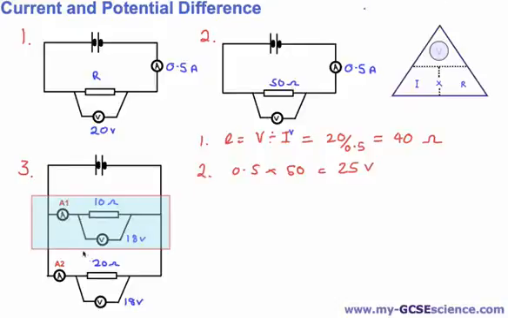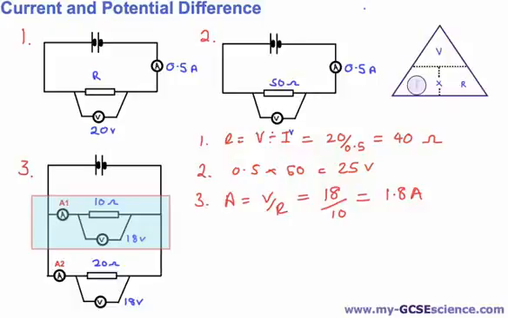For the current we would use our formula triangle, cover up current there, and we know therefore that current is voltage divided by resistance. So for 3 part A, working out A1 equals voltage divided by resistance equals 18 divided by 10, and therefore the answer is 1.8, and don't forget the units, amps.